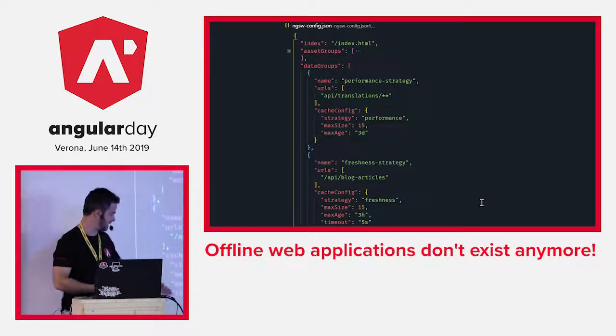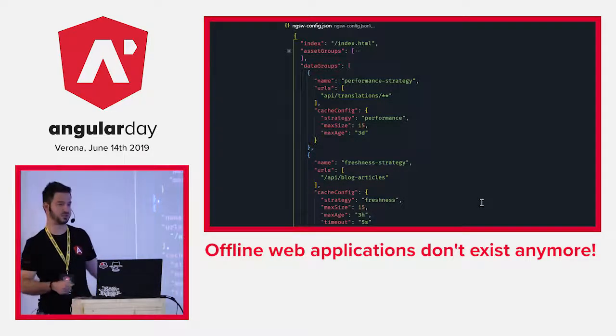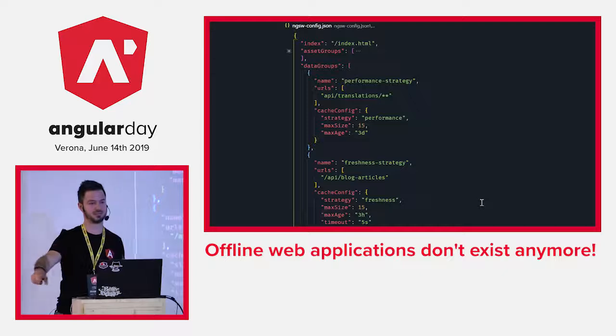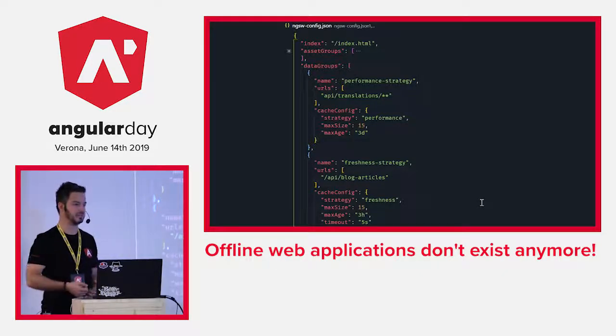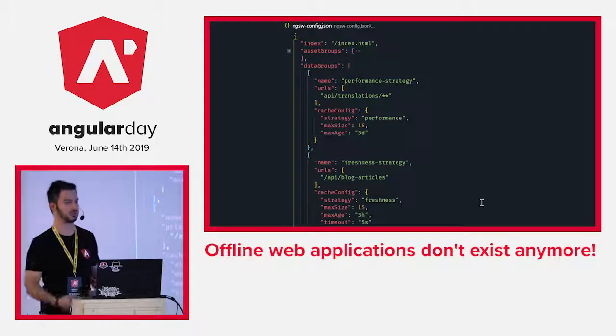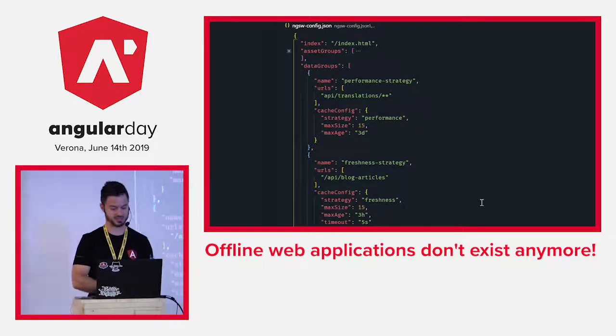But then we can define a timeout, in this case 5 seconds. And if this timeout is triggered, then we will try to give the blogs from the cache. So at least the user, even though not the latest, will still be able to access the articles that were previously cached.